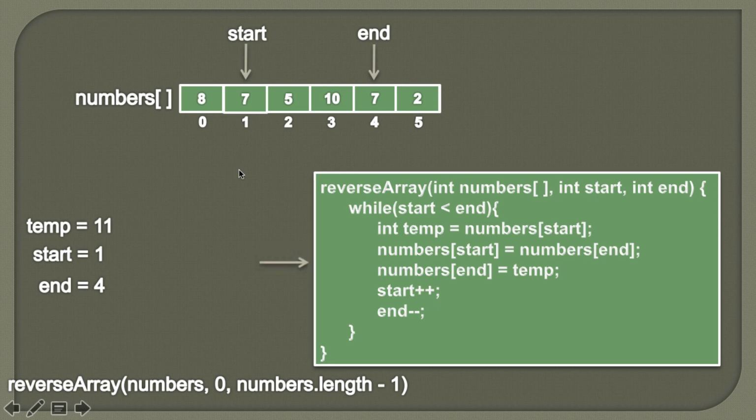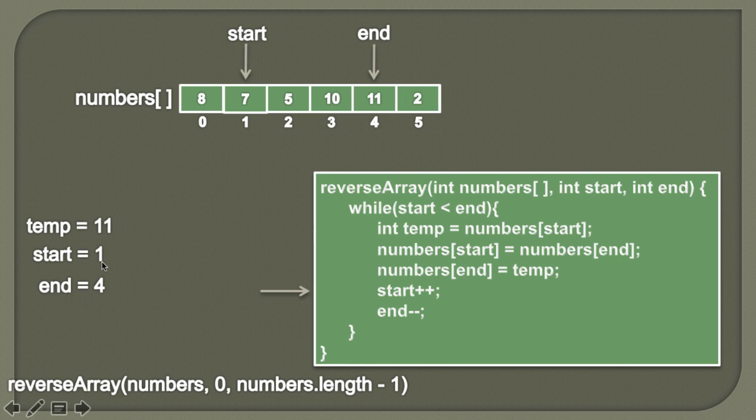Moving ahead, and now we'll simply assign the value in temporary variable to the end index of the numbers array. So it would become something like this, that the value in numbers array at the end index becomes 11. Moving ahead, now as we have swapped these two values, we'll simply increment the start by 1.